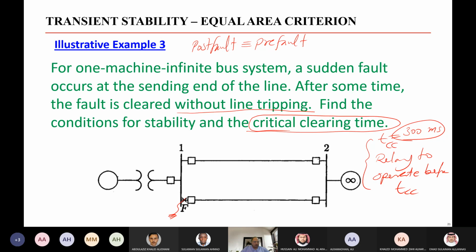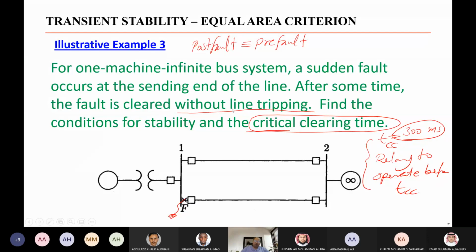No matter what you have done, it is over. So here we have three cases: pre-fault, during the fault, and post-fault conditions.